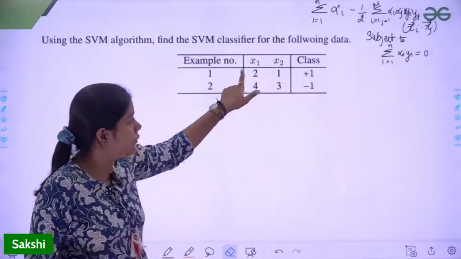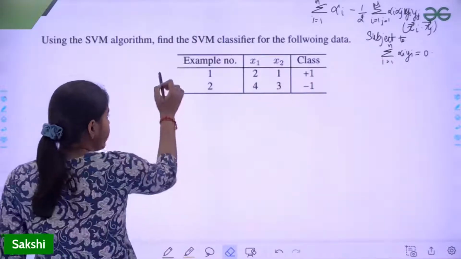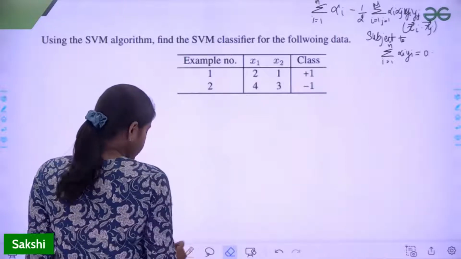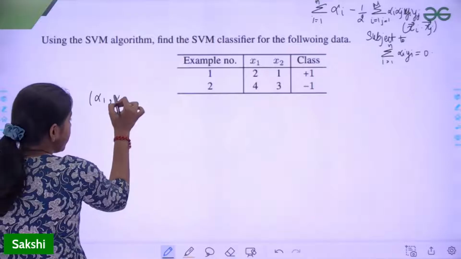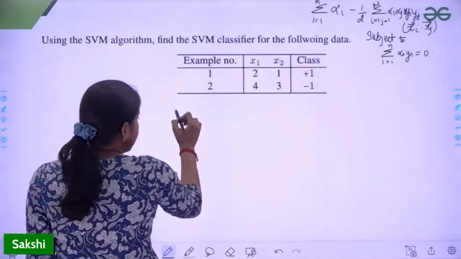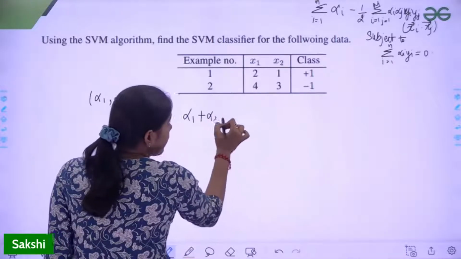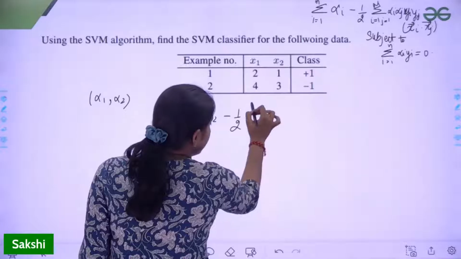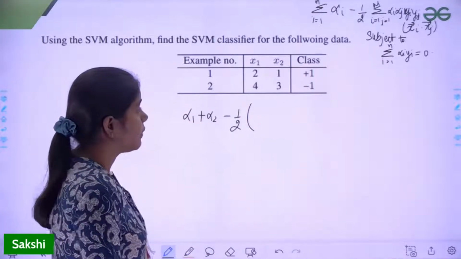I have 2 points, x1 and x2, so I have 2 examples. That means my alpha vector would be alpha 1 comma alpha 2. So the summation of alpha is alpha 1 plus alpha 2, minus 1 by 2, summation over i and j up to n of alpha i alpha j.